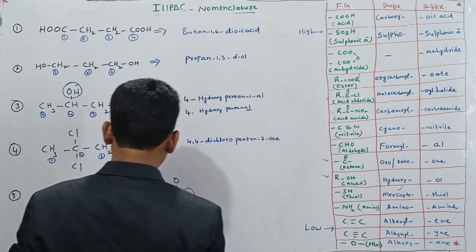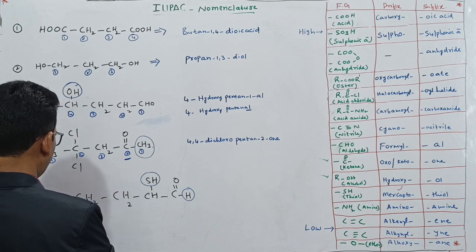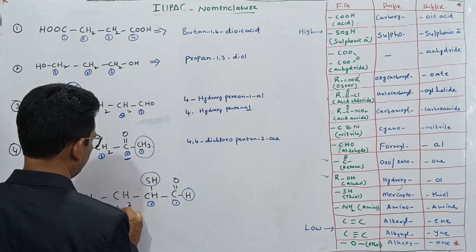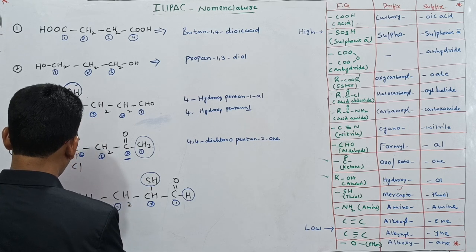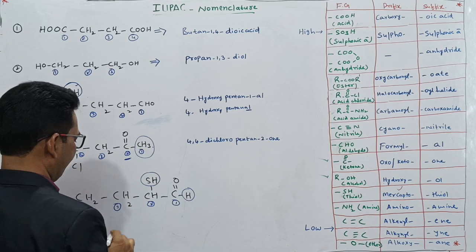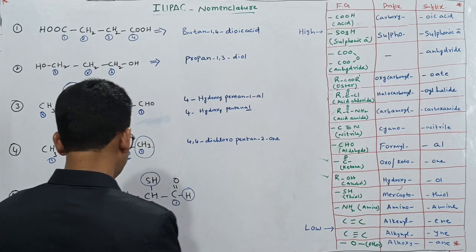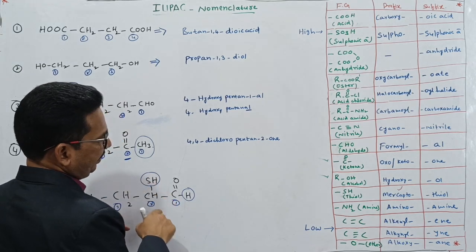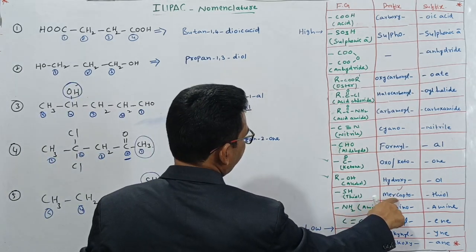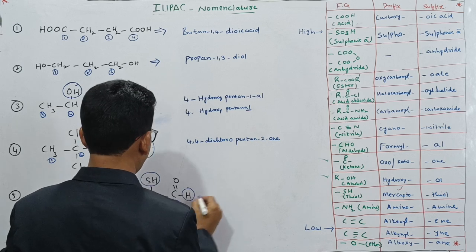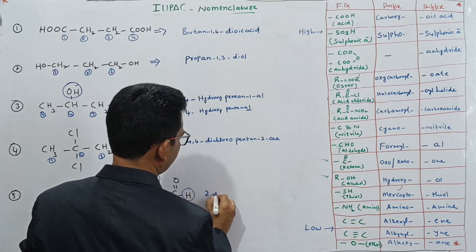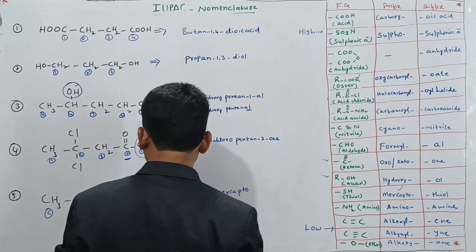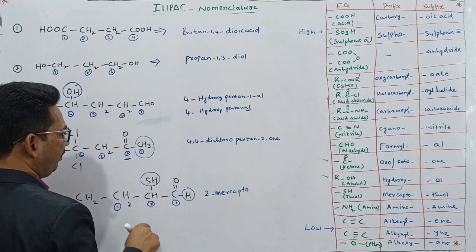Then what is the name for this one? Total carbons, how many? First we'll give the numbering. 1, 2, 3, 4, 5. Total 5 carbons. Okay. Then the substituent is at which position? Second position. When we write the thiol group as a prefix, what do we write? Mercapto. Which position? Second position. 2-mercapto. Then how many carbons? 5 carbons.